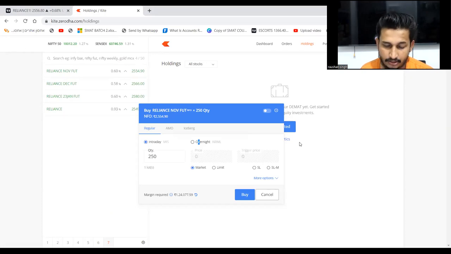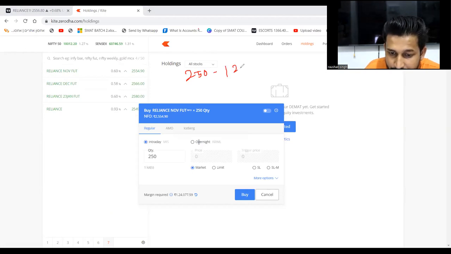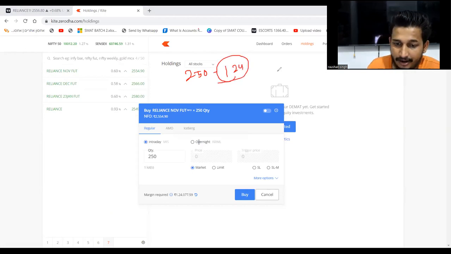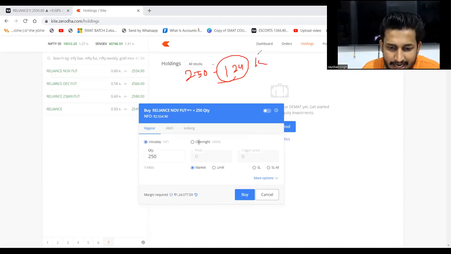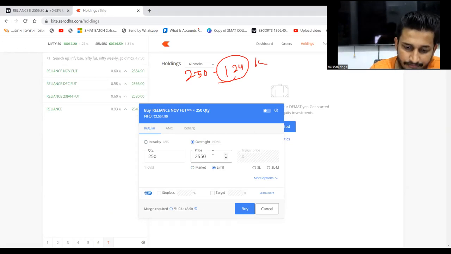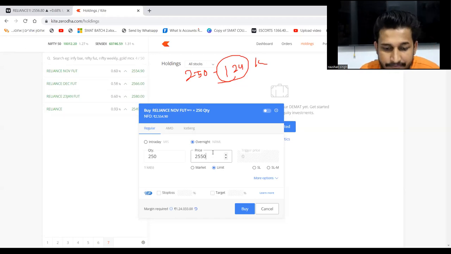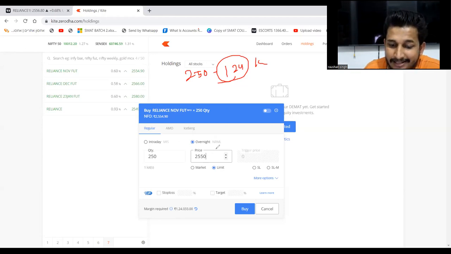So for buying 250, I have to pay 1,24,000, right? Now understand, if I am buying this at, let's say, 2,550, by paying 1,24,000 rupees, and after one month, according to my analysis, it goes to 2,650.